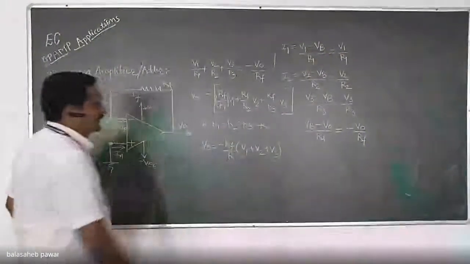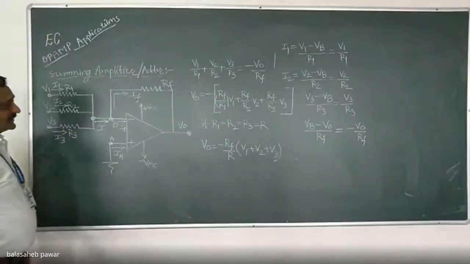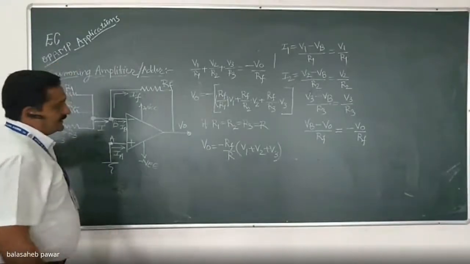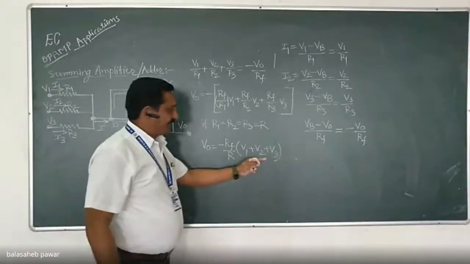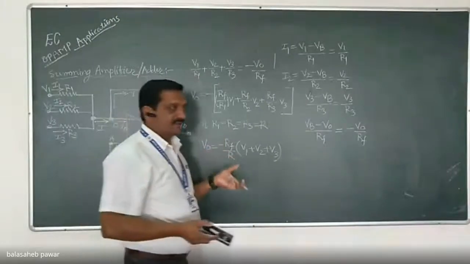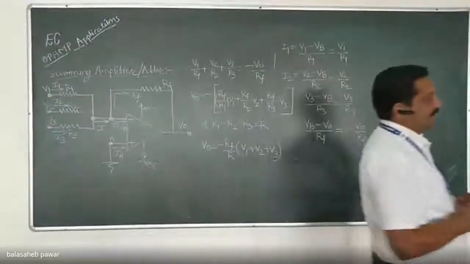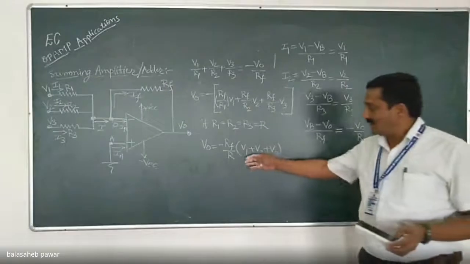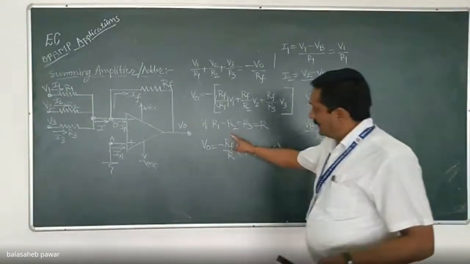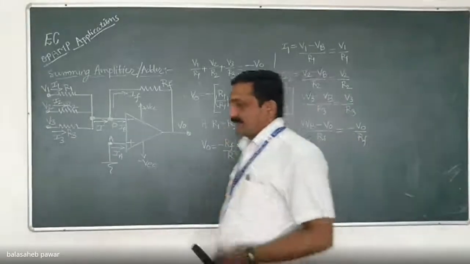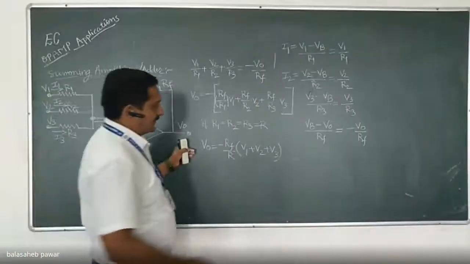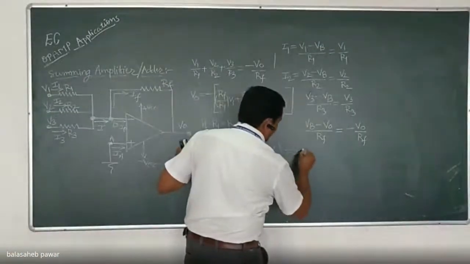Correct? So this is nothing but a summing amplifier. All three voltage sources are added and then amplified by RF by R times. The output of this circuit is simply the addition of all three voltage sources times the amplification factor, and that amplification factor is decided by RF and R. So this is nothing but a summing amplifier. Note it down properly.